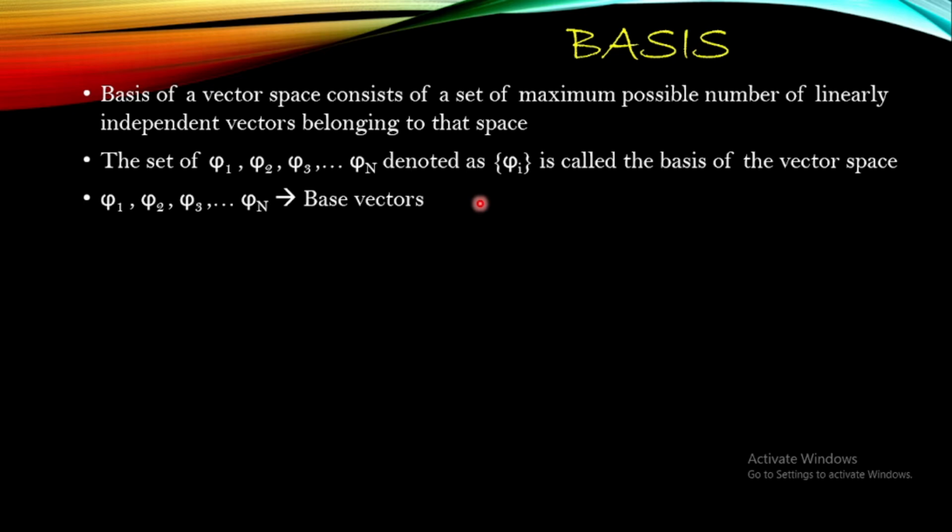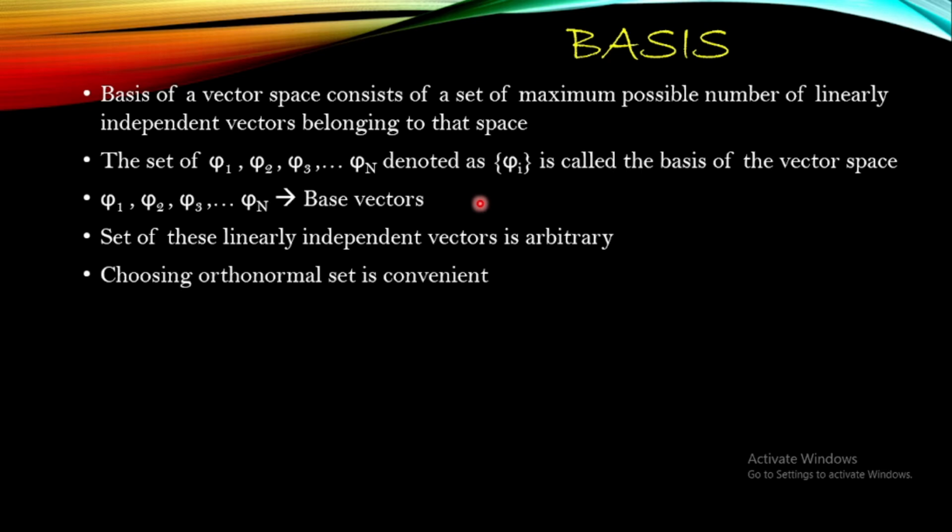Although the set of these linearly independent vectors is arbitrary, it is convenient to choose them orthonormal. That is, their scalar products should satisfy the relation which is seen here.